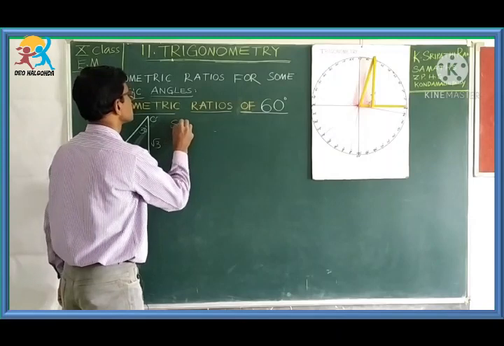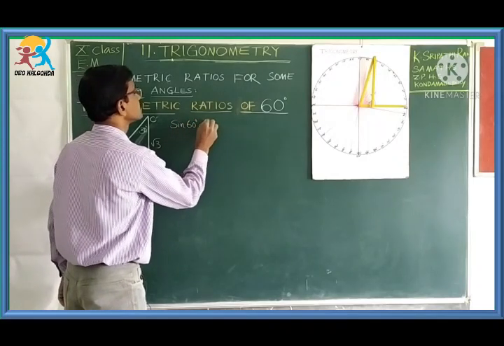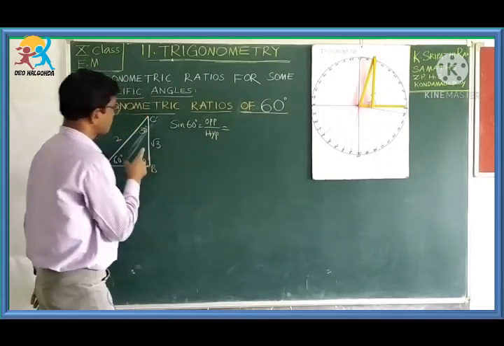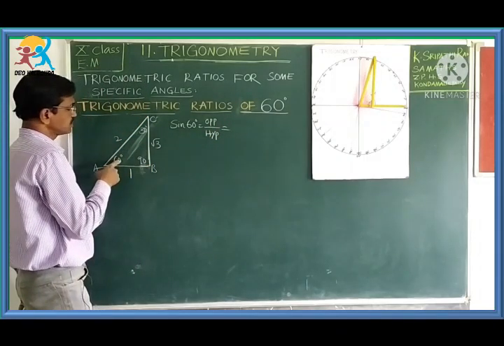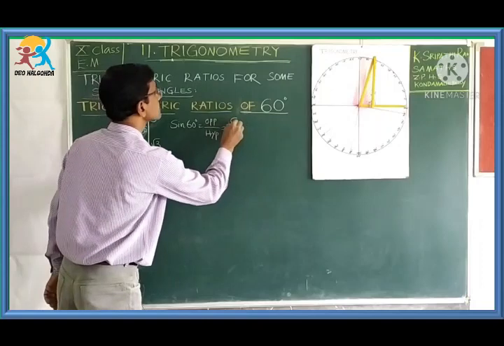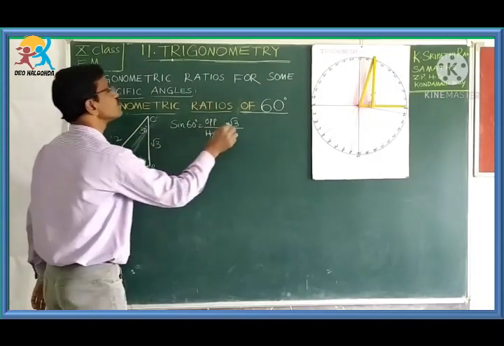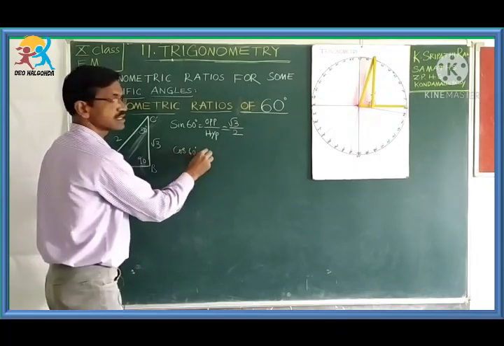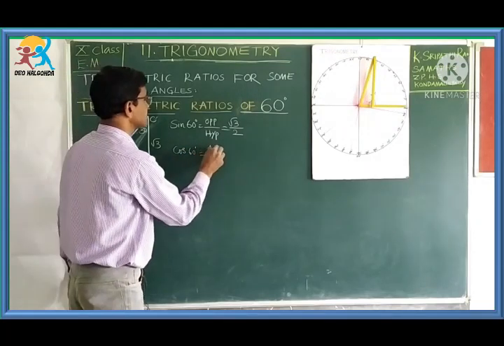Sin 60 is equal to opposite side by hypotenuse. Opposite to 60 degrees is root 3 and opposite to 90 is 2. Similarly, cos 60 degrees is adjacent side by hypotenuse.